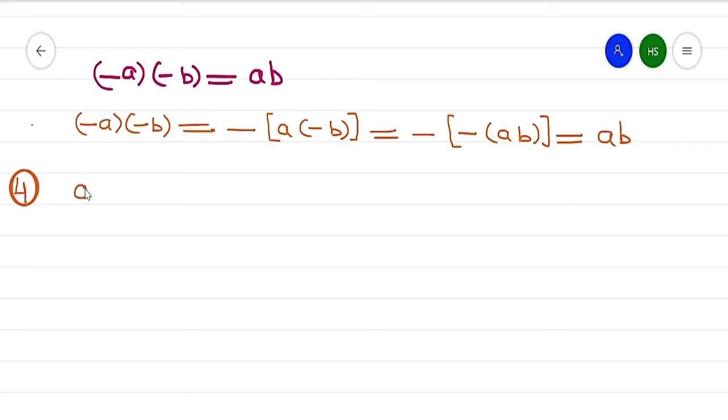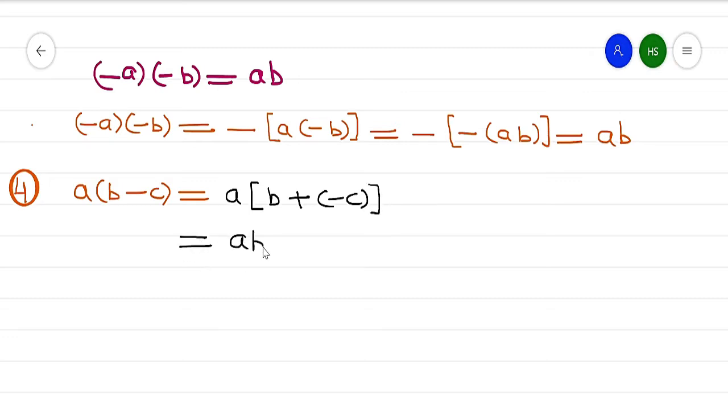What is property number 4? a into (b minus c) can be written as a into bracket b plus minus c. Now by using the distributive law, this can be written as ab plus a into minus c. Now using this result, we get ab minus ac. So this is the proof of result number 4.